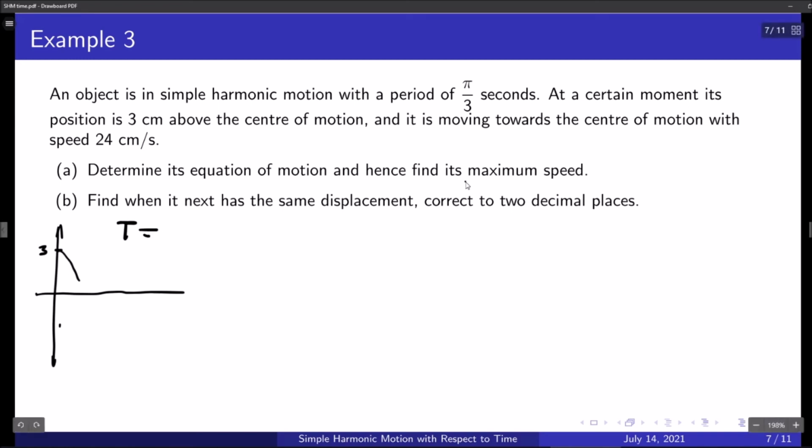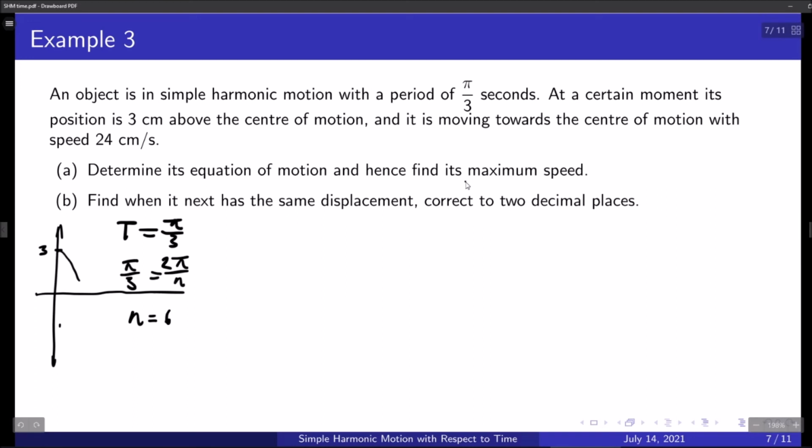So the period is pi over 3. So T equals pi over 3. And then we can find what n is. Basically pi over 3 equals 2 pi divided by n, which means n equals 6.